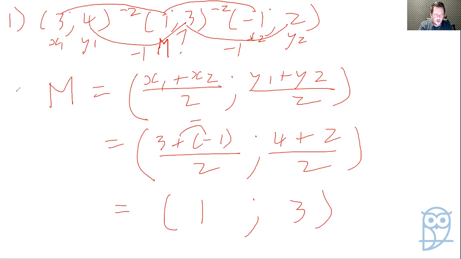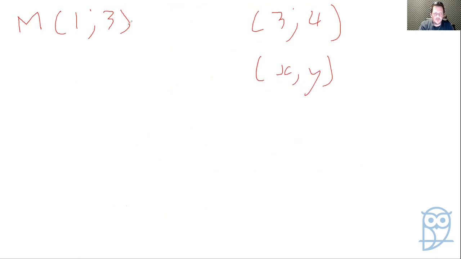What happens if you have a slightly more complicated situation? So let's say, for example, and I'm even going to use the same values, 1, 3, and 3, 4. My midpoint is given as 1, 3. I give you some other point as 3, 4. And I say, tell me another point of which this is the midpoint. So this gets a little bit more complicated because you're now asked for another point, not the midpoint.